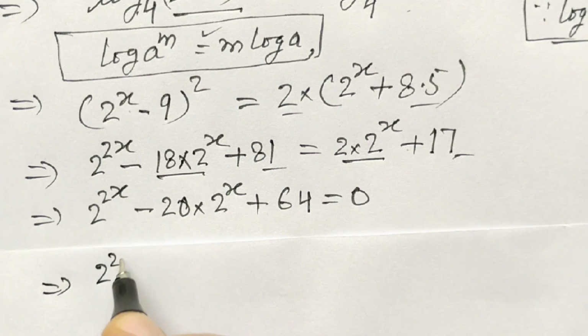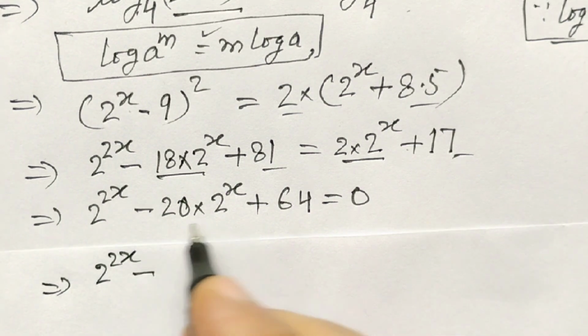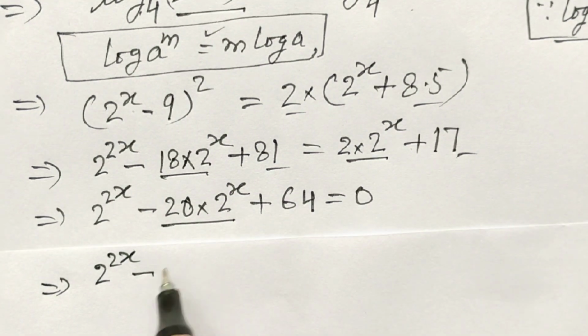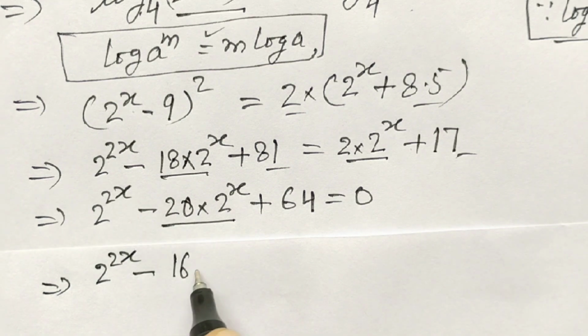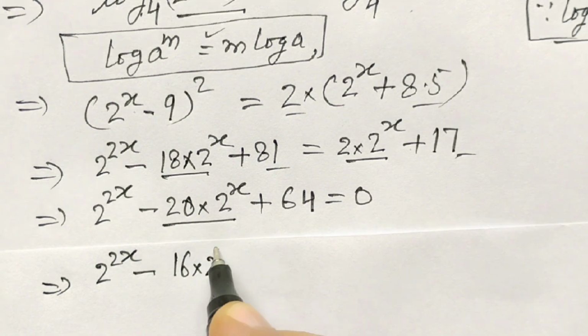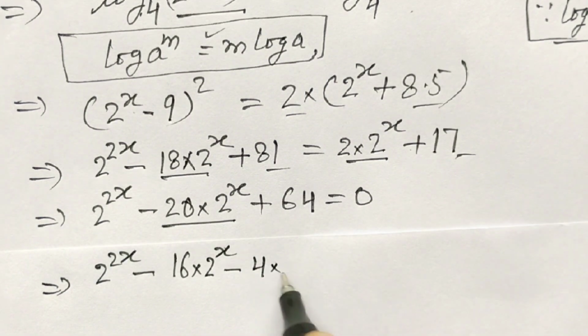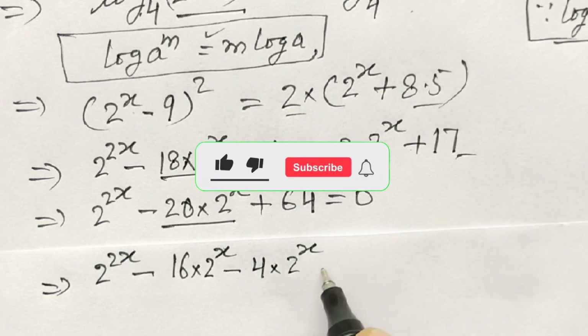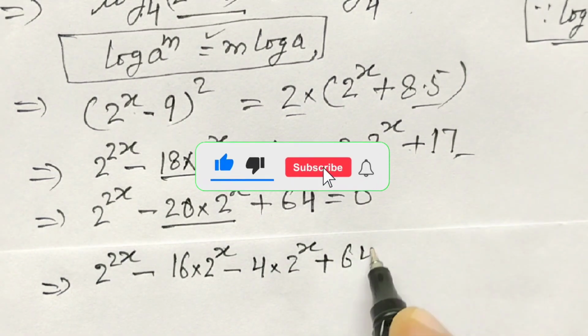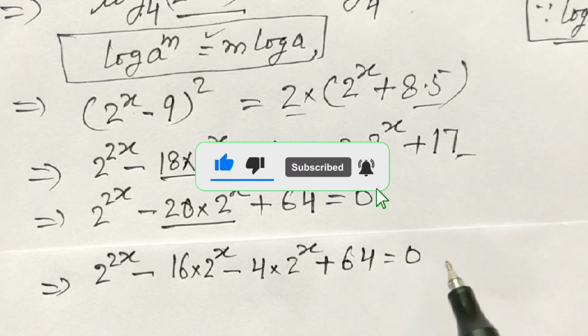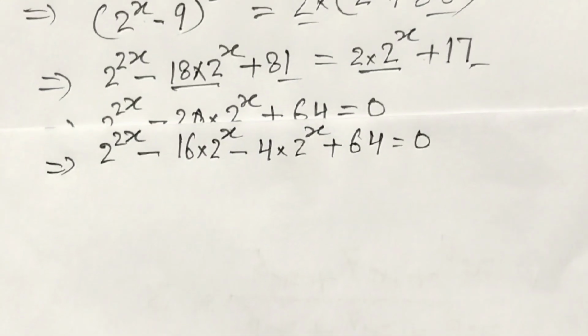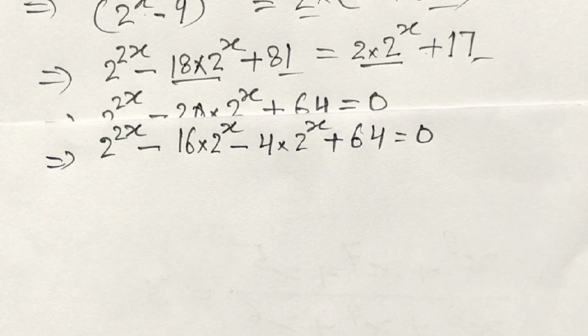Now we will break this: 2 to the power 2x minus 16 into 2 to the power x minus 4 into 2 to the power x plus 64 is equal to 0.